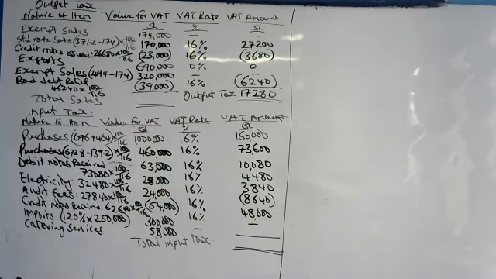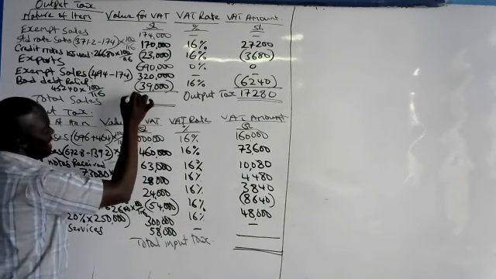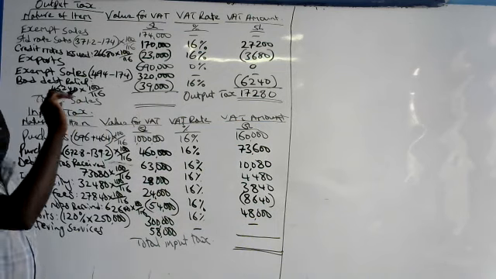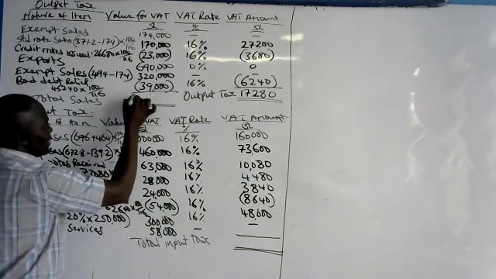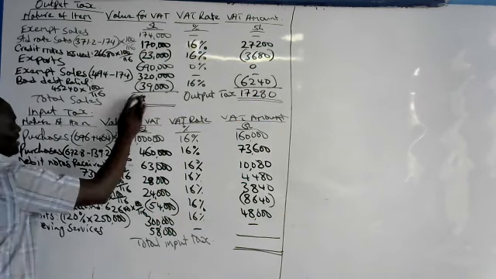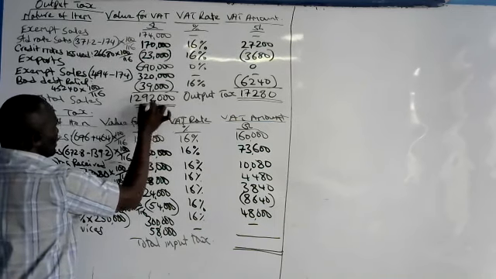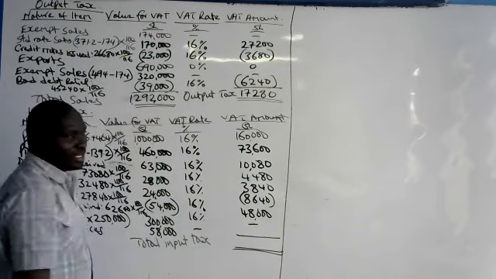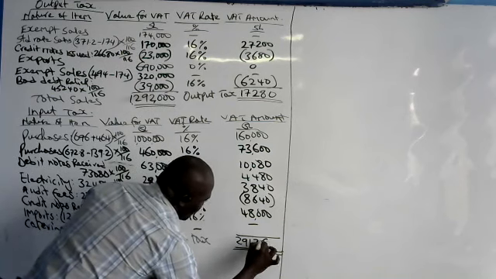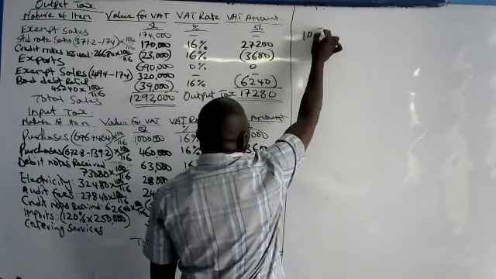Total sales. How much? Six? 602? 92,000. Total input tax 291,360. So 10% test.